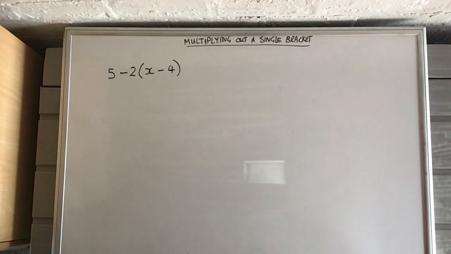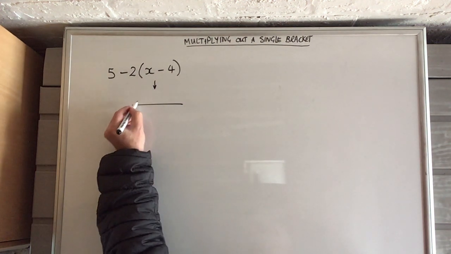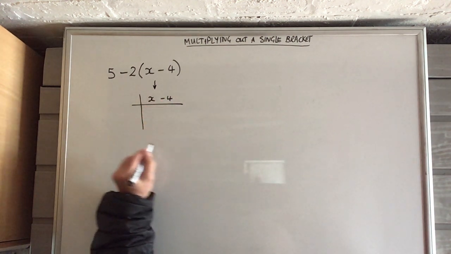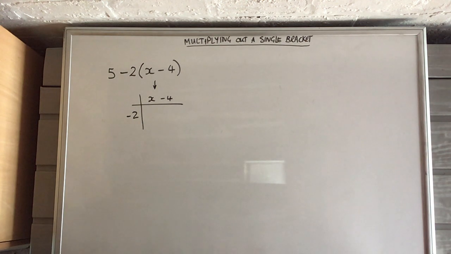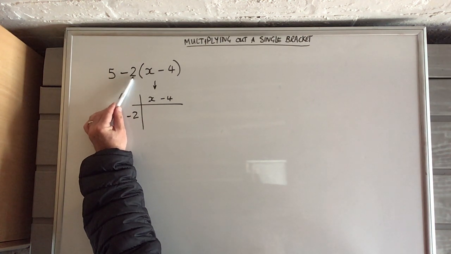Okay, well, we deal with the bracket first again. So set up our grid. So x minus 4 goes along the top, and the minus 2 down the side. It's important that you realise that this operation is to do with the number, so that's negative 2.